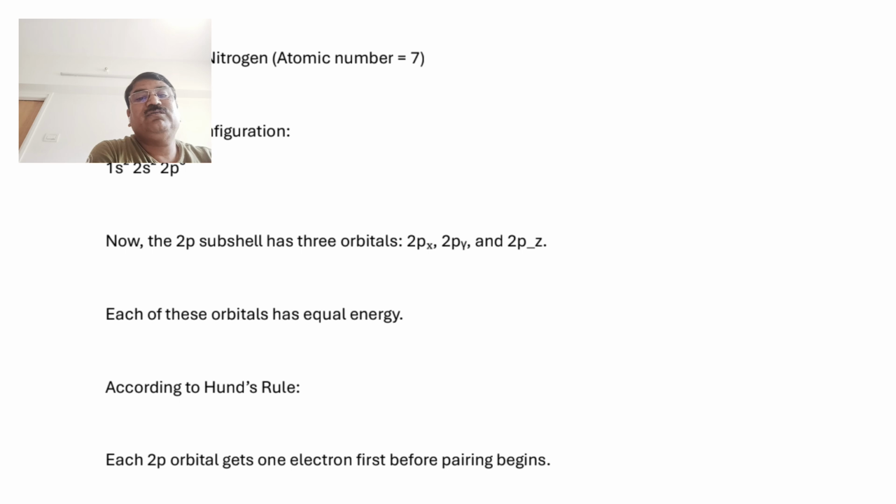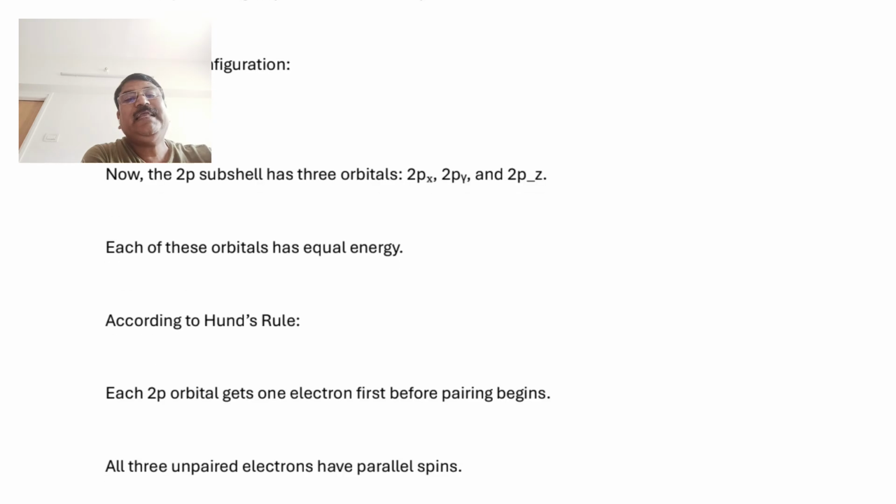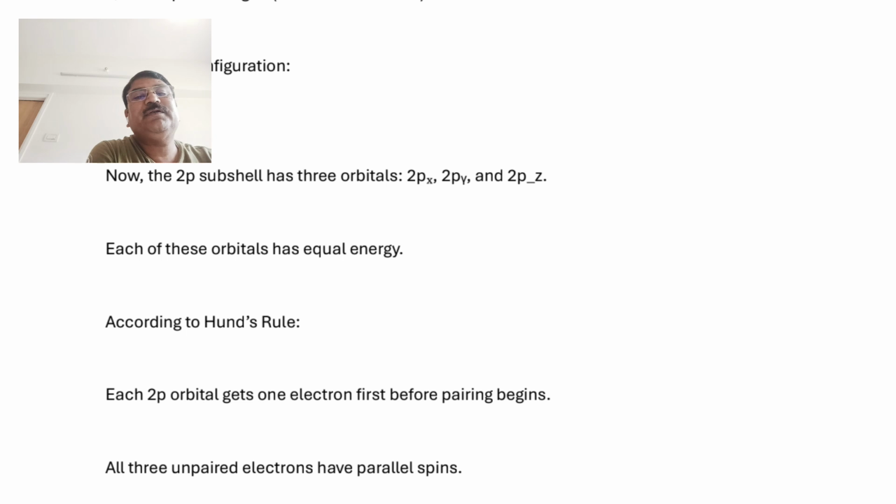According to Hund's rule, each 2p orbital gets 1 electron first before pairing begins, right? 1s2, 2s2, up to this 4 electrons are completed.